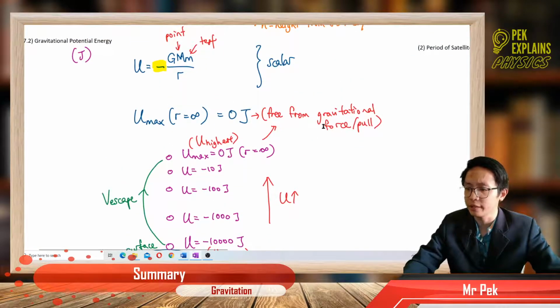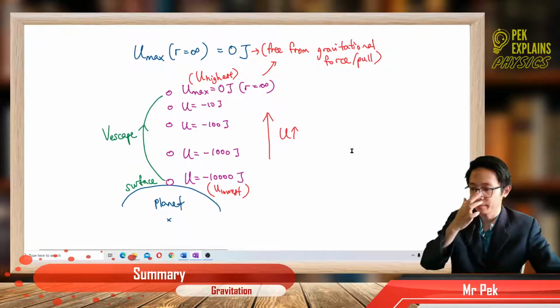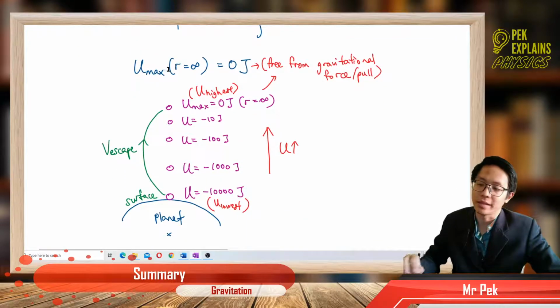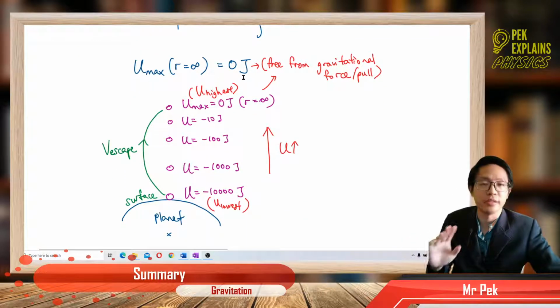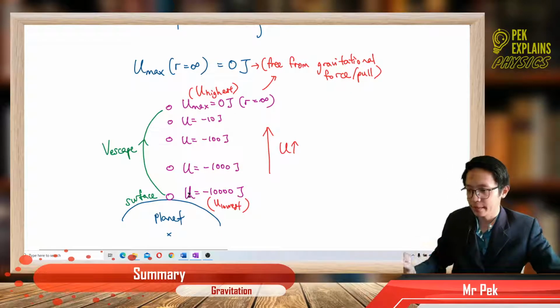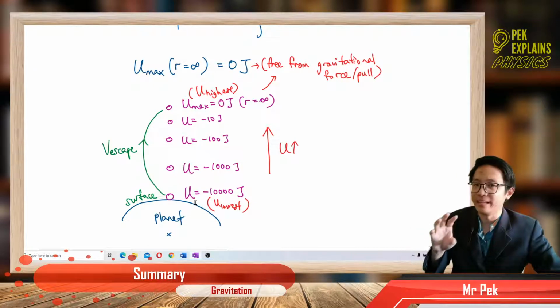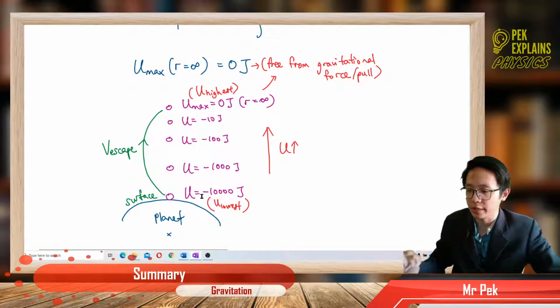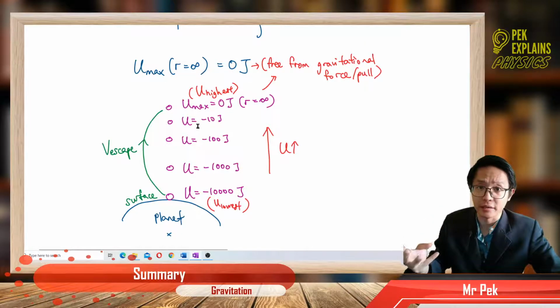Now, let us look at what is meant by this gravitational potential energy. Why this time do we have negative? The maximum potential energy in our context is at r infinity, which is 0 joule. 0 joule means it is free from gravitational force or gravitational pull. At the surface, the potential energy is considered to be most negative. I just put a value there, negative 10,000 joule. As it goes higher and higher, the potential energy becomes less and less negative.